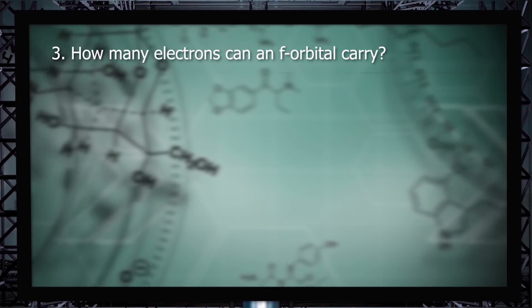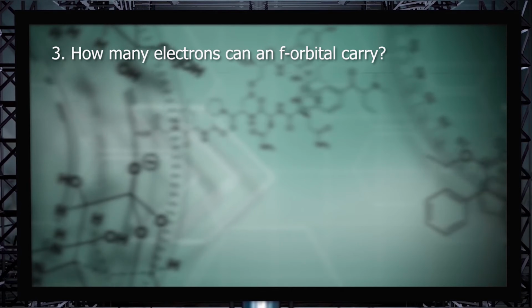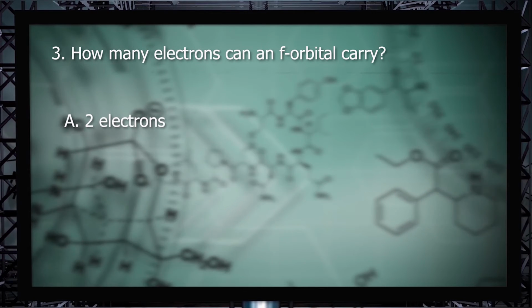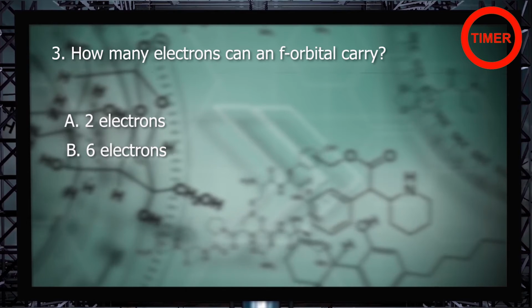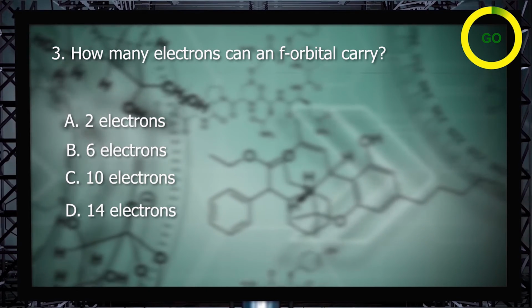Number 3. How many electrons can an f orbital carry? A. 2 electrons. B. 6 electrons. C. 10 electrons. And D. 14 electrons.